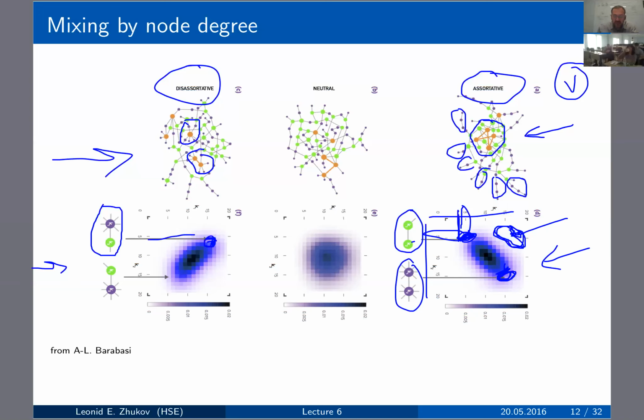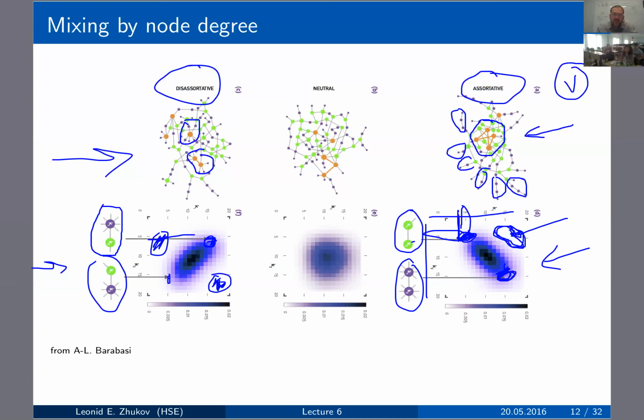There is a lot of intensity, which means there are a lot of connections like that, or the other way around. But those corners are empty because there is no connection of high degree nodes to high degree nodes right here, and there is no connection of low degree nodes to low degree nodes right there. Okay, so that's disassortative mixing.